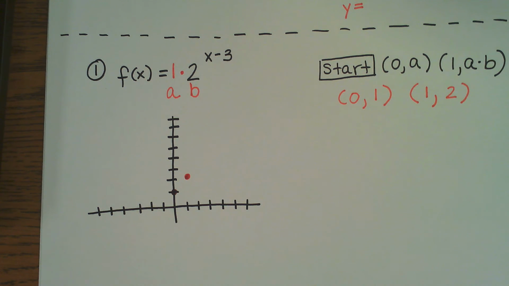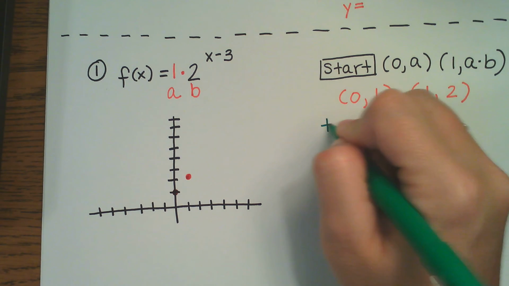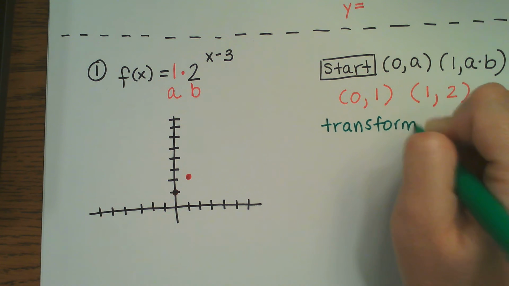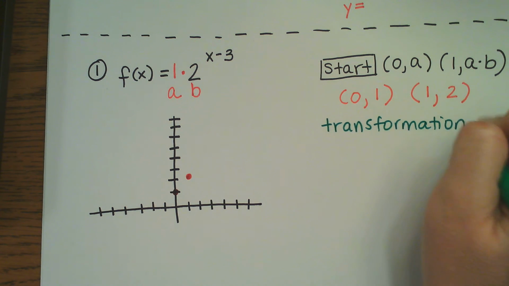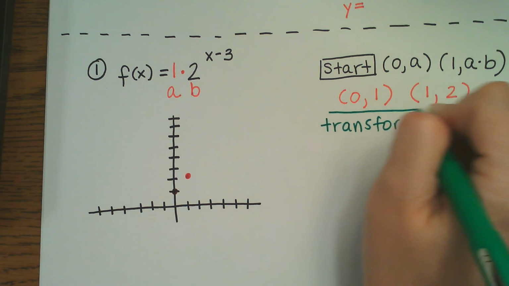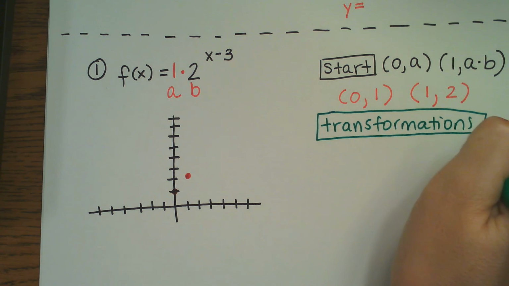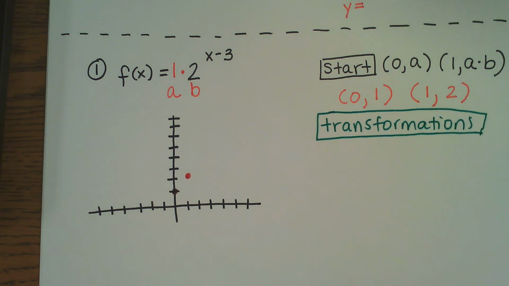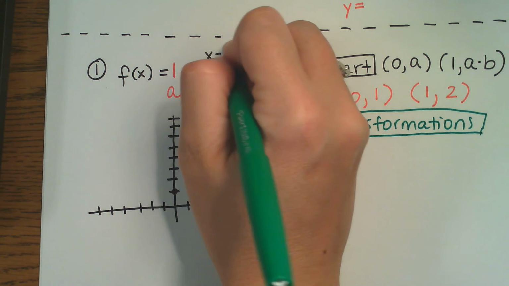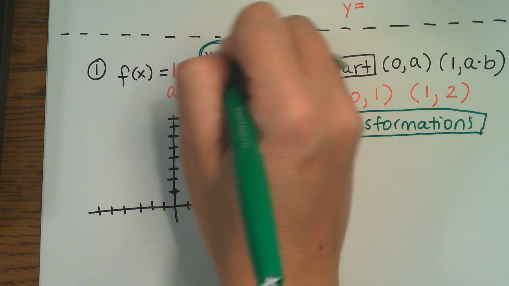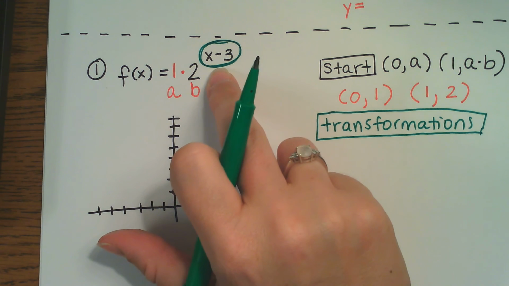But to those points, I need to apply any transformations that are occurring on the function. So the only transformation that I see is this -3 with the x.